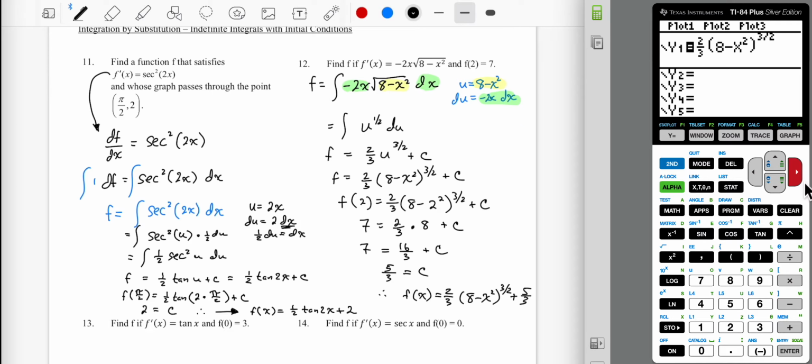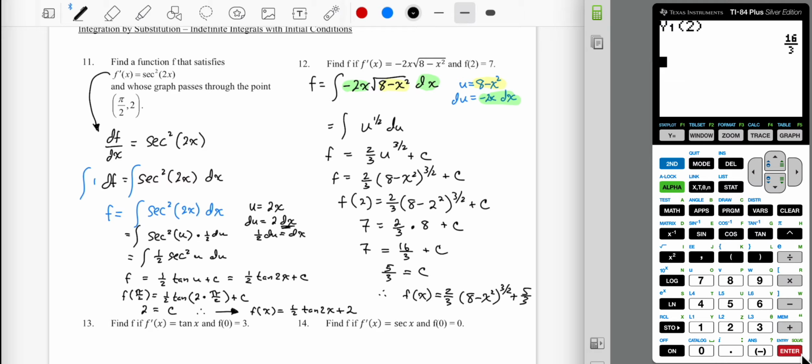All right, now I'm going to evaluate that for where x is equal to 2. Now that should give me 16 thirds. So we'll see. Alpha trace y1, 16 thirds. Then do 7 minus previous, oh, I hit the wrong thing. 7 minus the previous answer, second negative sign, 5 thirds, and there you go.